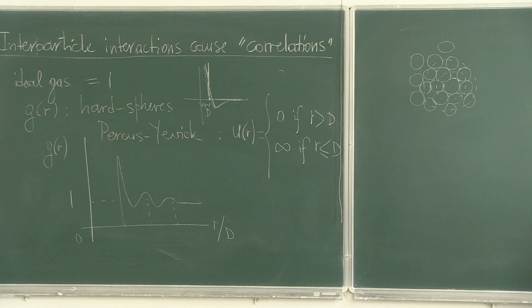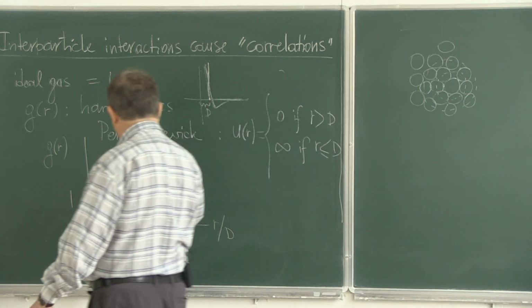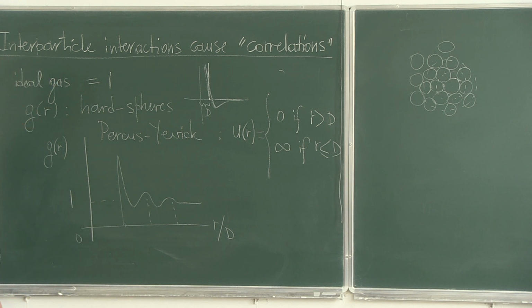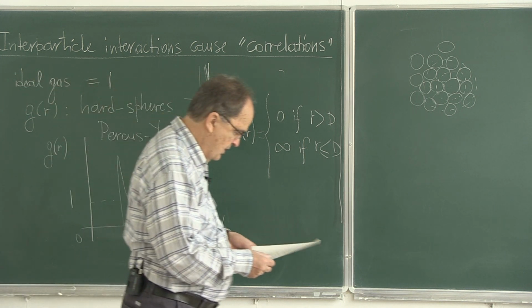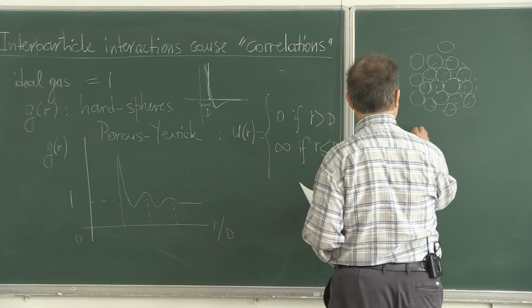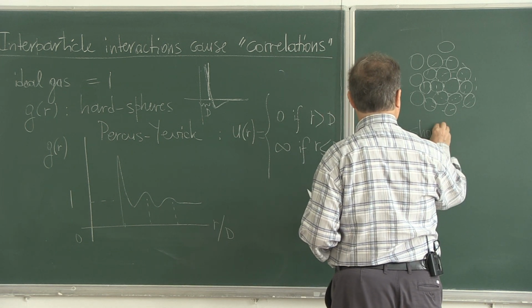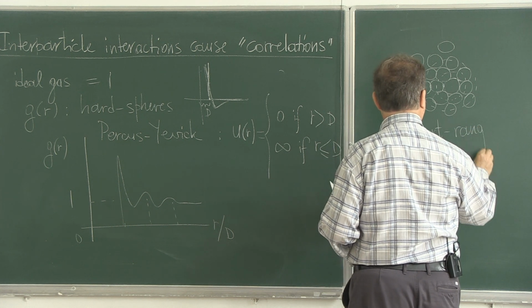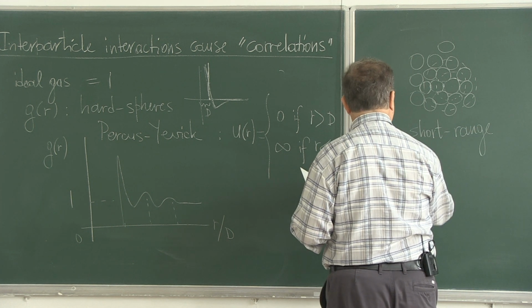Is that understandable? Now you see, at those peaks, there is maximum probability of finding neighbors. There is short range order, short range, because the correlations decay exponentially.